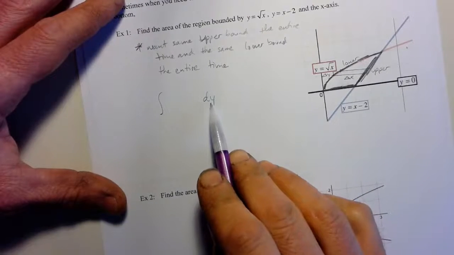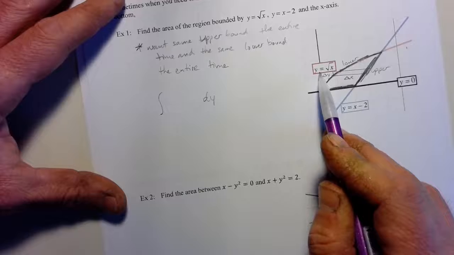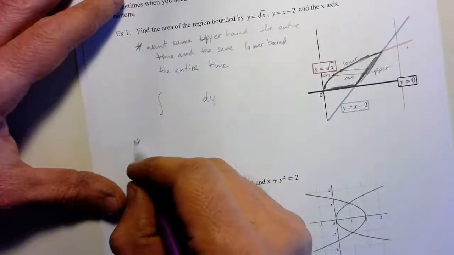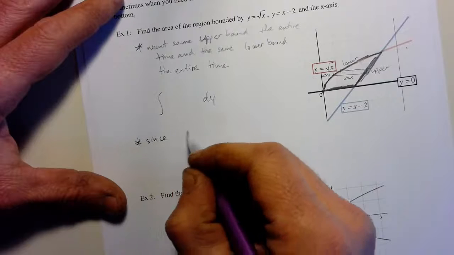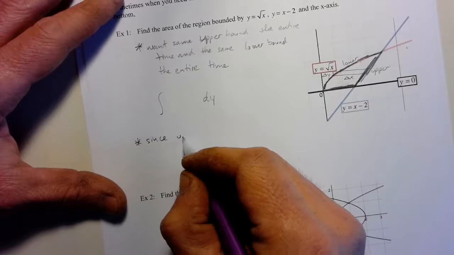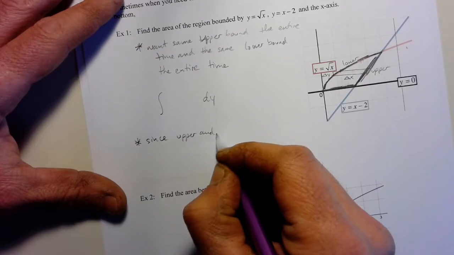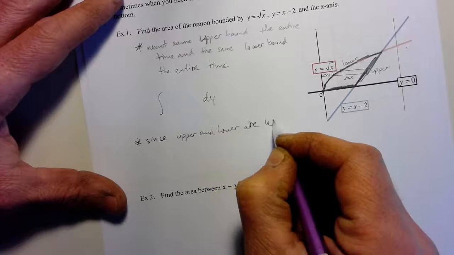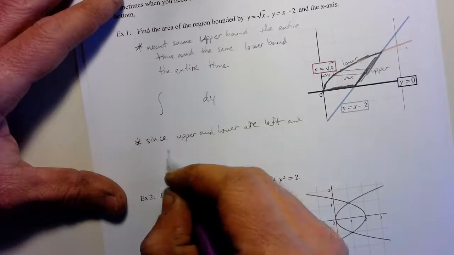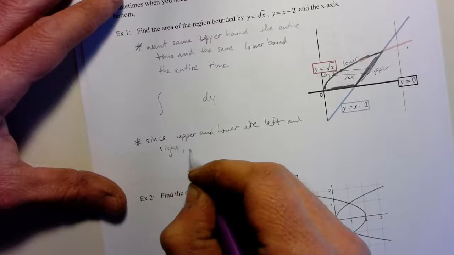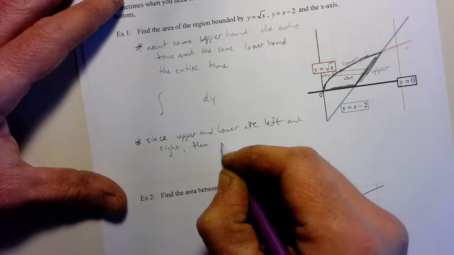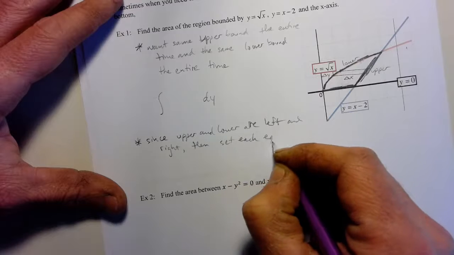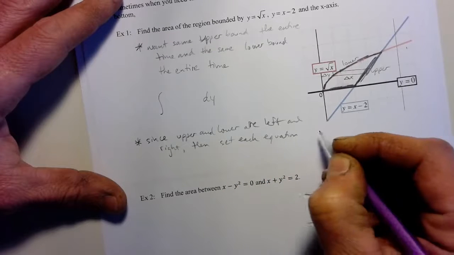So I'm going to change it since it's going side to side. Okay, I'm going to take each function, and let's put a little note here. Since upper and lower are left and right, then set each equation equal to x.